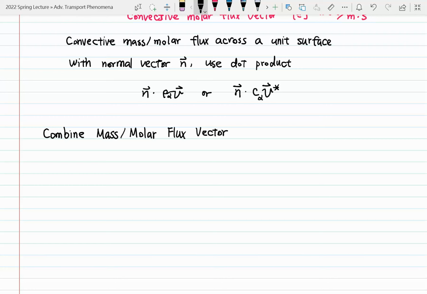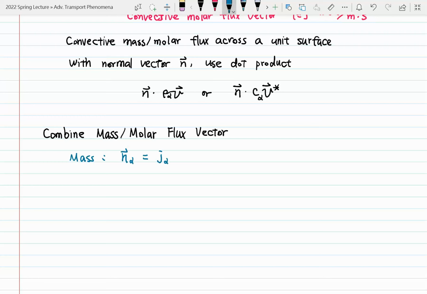Okay, so for mass, let's look at mass and molar units. So for mass, we define our combined vector using a lowercase n of a specific component alpha should equal to the transport of mass by the molecular mechanism, which is diffusion.